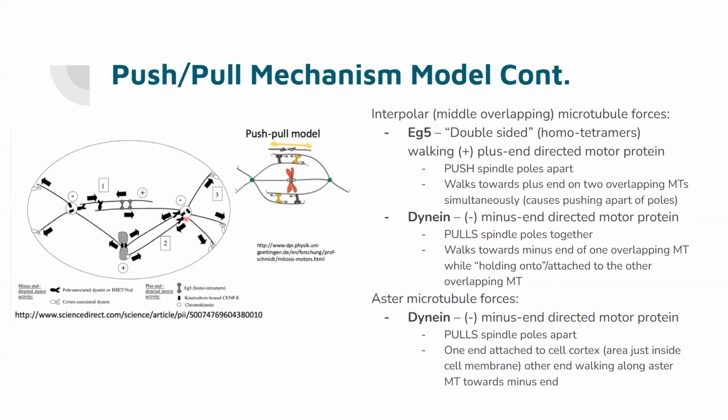You remember the MTOCs? Microtubule organizing centers? Yeah. So they're minus ended, which is what is shown right here. And so this plus end of this microtubule is going this direction, while this plus end of this microtubule is going the opposite direction. What happens then is because they are going in opposite directions, the two microtubules are being moved apart.